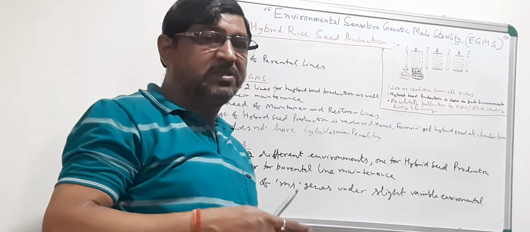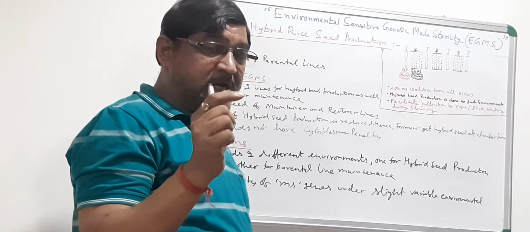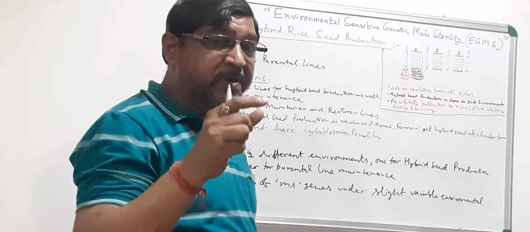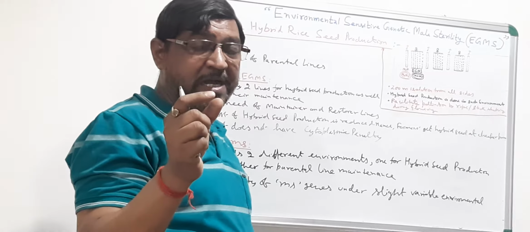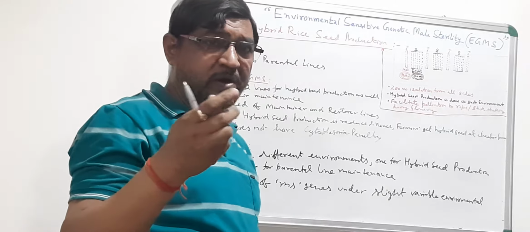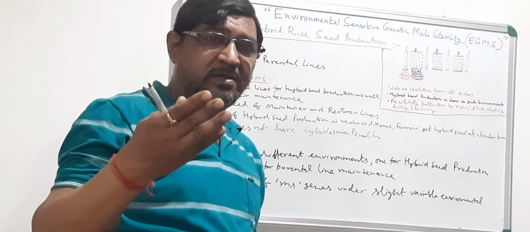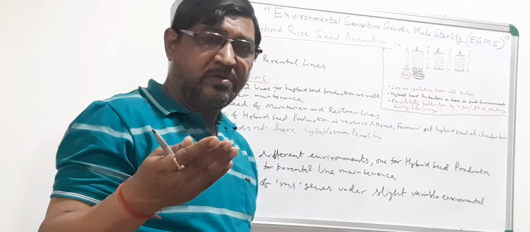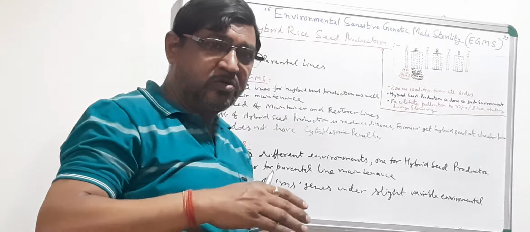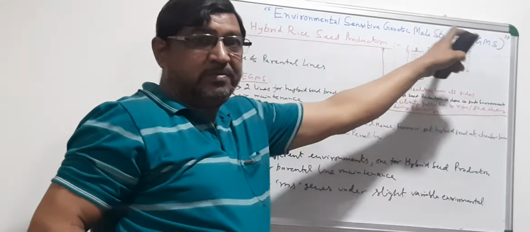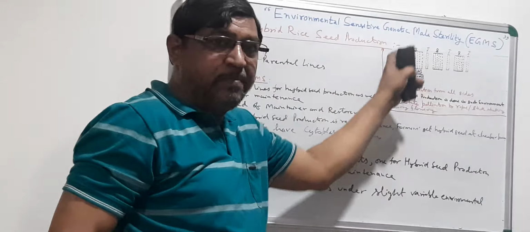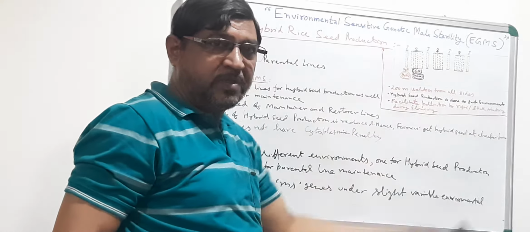Or if you are using TGMS, depending upon the critical temperature of your EGMS or TGMS line, if it requires 23 or 24 degrees Celsius, the temperature should be beyond that. In that environment you grow the hybrid rice seed production.